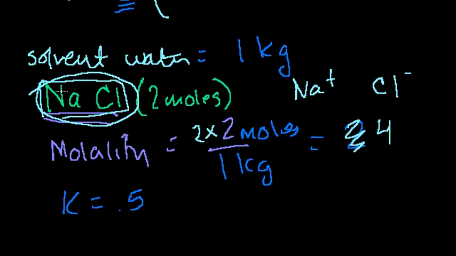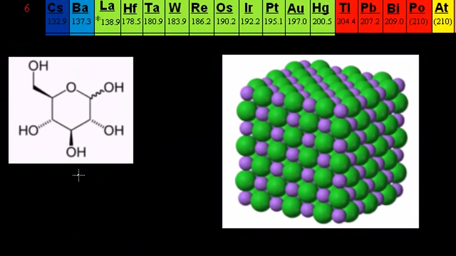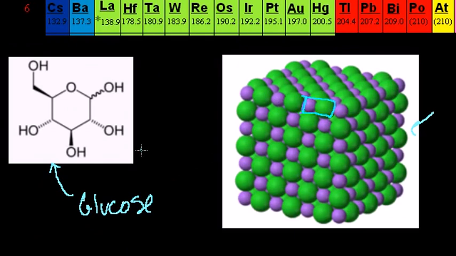And this is an interesting point. So this right here is glucose, and this is sodium chloride, at least in its crystal form. You can view one of these little pairs as one unit.